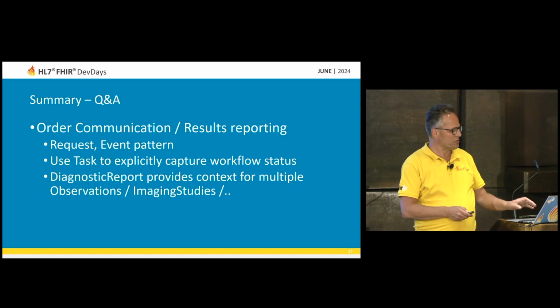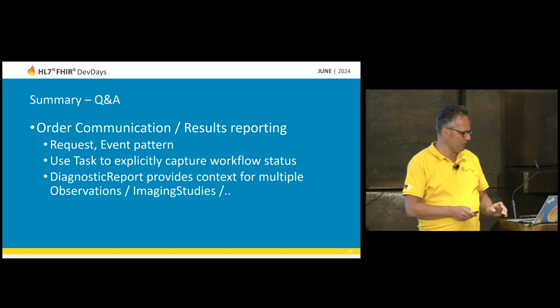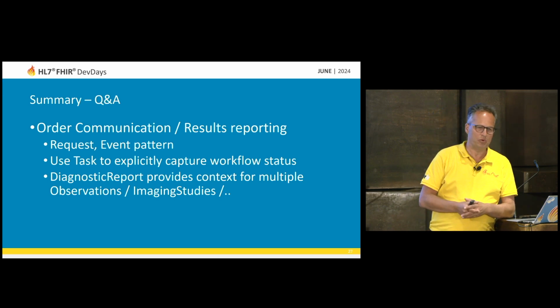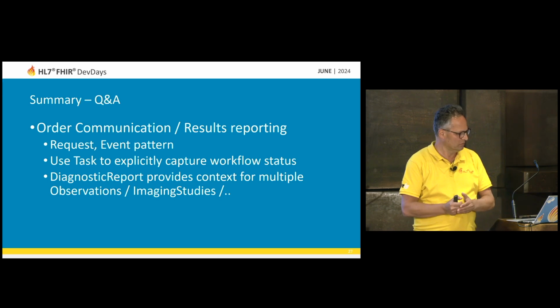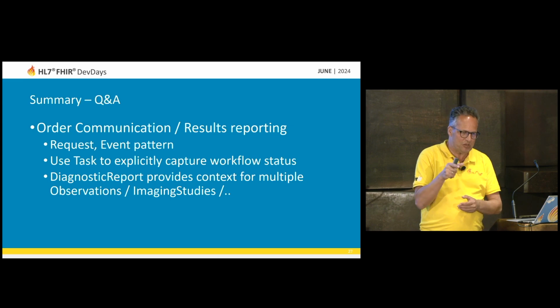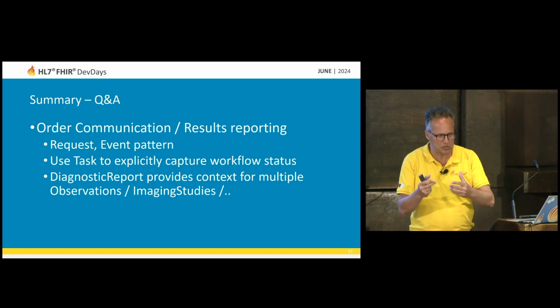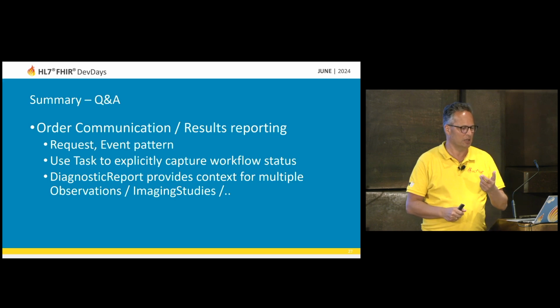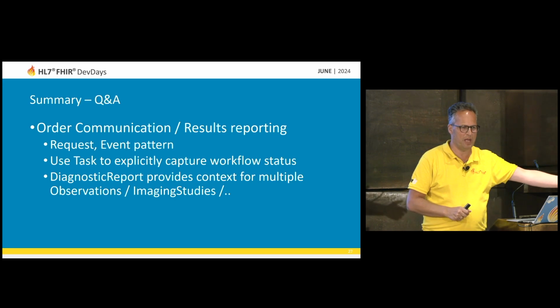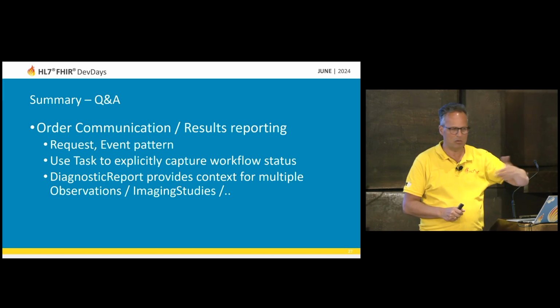So to summarize, what you have seen is order communication and results reporting, the request event pattern, and using task to explicitly capture the workflow status. As I mentioned, you can do it implicitly by talking to the receiving end out of band, using messaging, or some other mechanism.